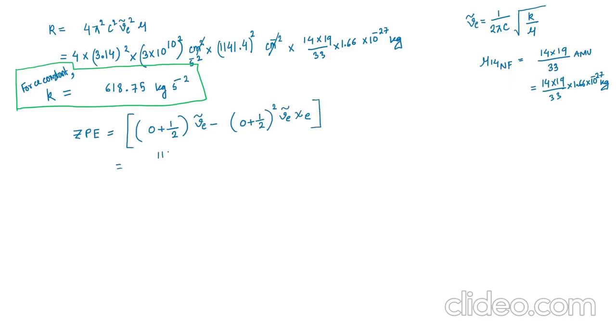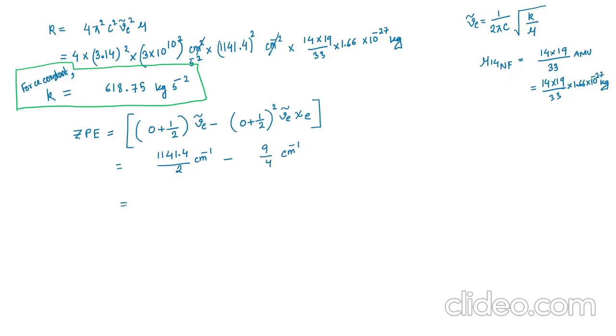VE is already known, 1141.4 by 2 centimeter inverse minus 1141.4... Acha, this 9 is given, no? So I will not write this. So this is given, 9 by 4 centimeter inverse.